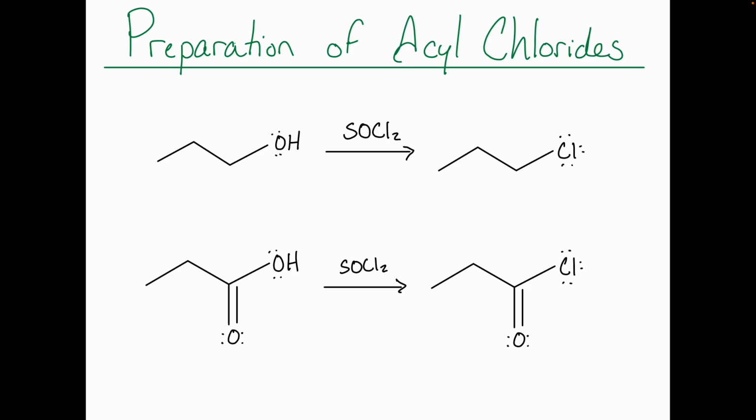So this is one way of going back to the beginning here: if we create a carboxylic acid, we can turn that into our acyl chloride using thionyl chloride, SOCl2.